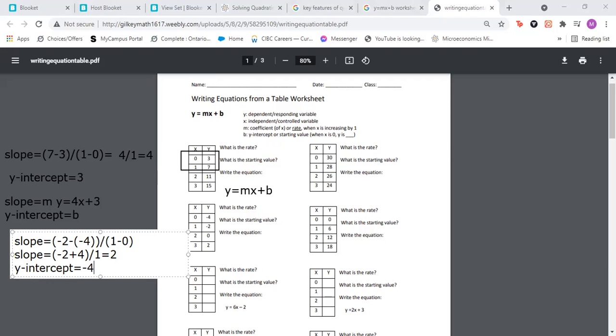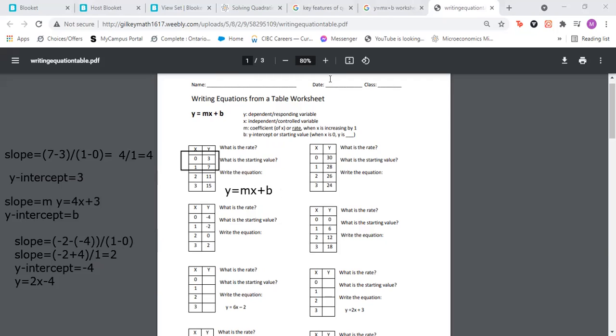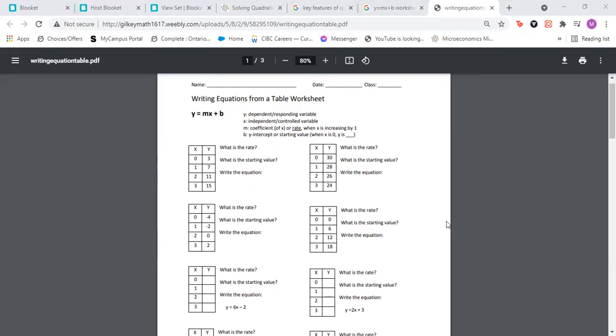It would be y equals, I think, 2x plus -4. Yeah, 2x minus 4, yeah. That's great. So you did that, so just clear this and use the next one.